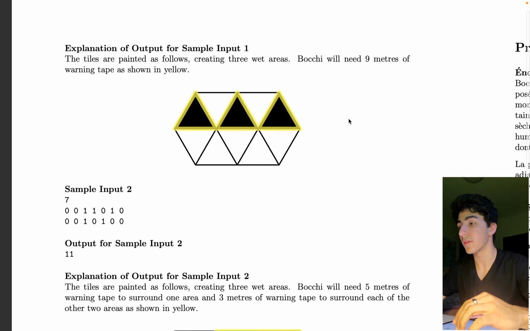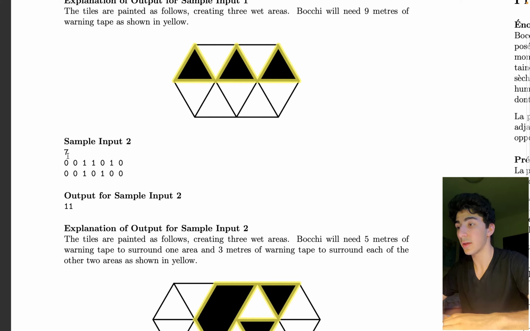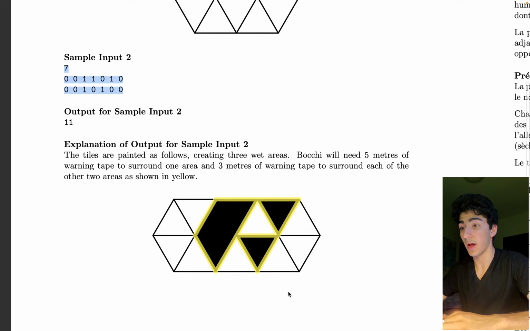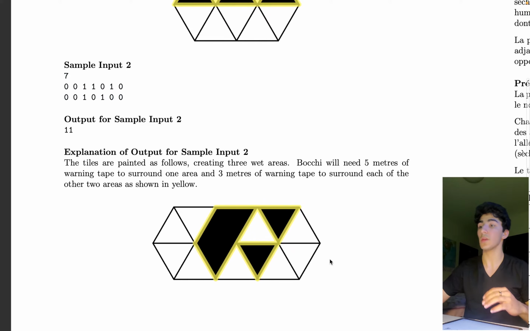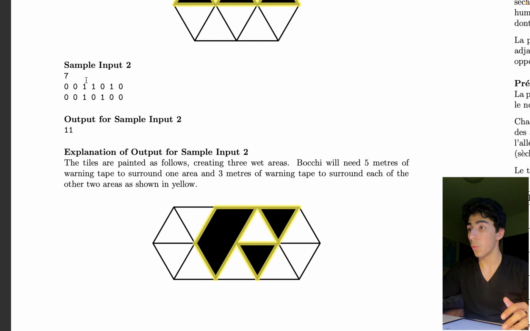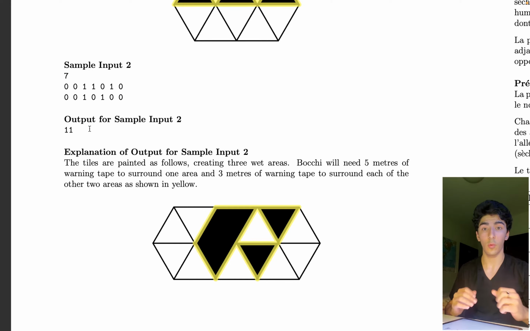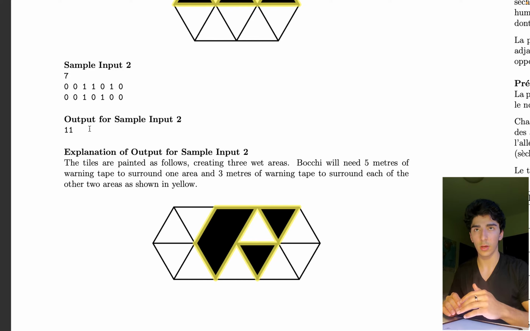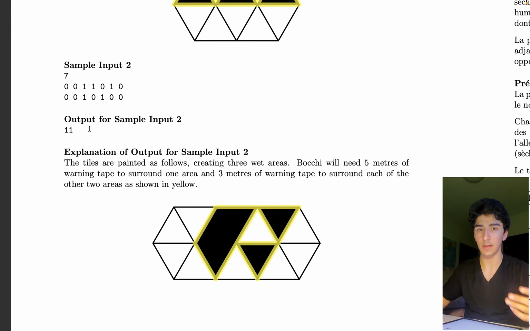So carrying on. Sample input 2, which once again is represented by a diagram, shows that there are in total 1, 2, 3, 4, 5 wet triangles, which means that given the law that we just created, we should have 15 meters of tape needed.